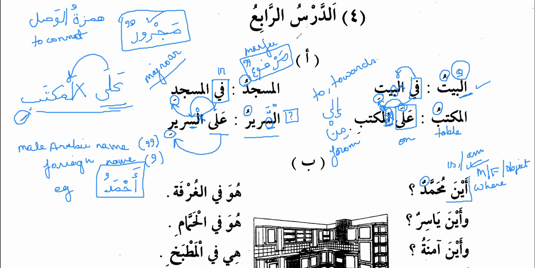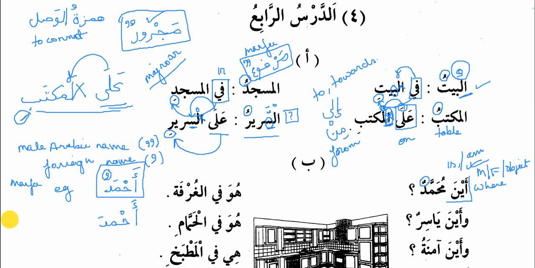In case of marfu, they will have a dhamma. In case of majroor, where nouns usually have a kasra, in this case they will only show a single fatha. Ahmadu is in marfu case. Know that this is very important in grammar rules.